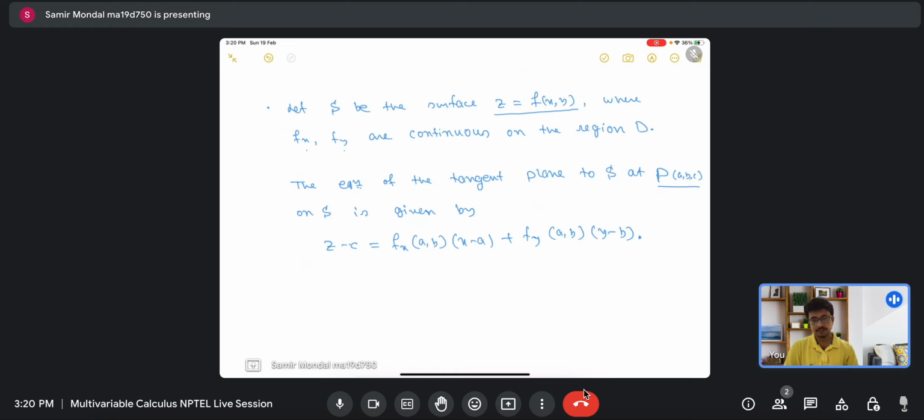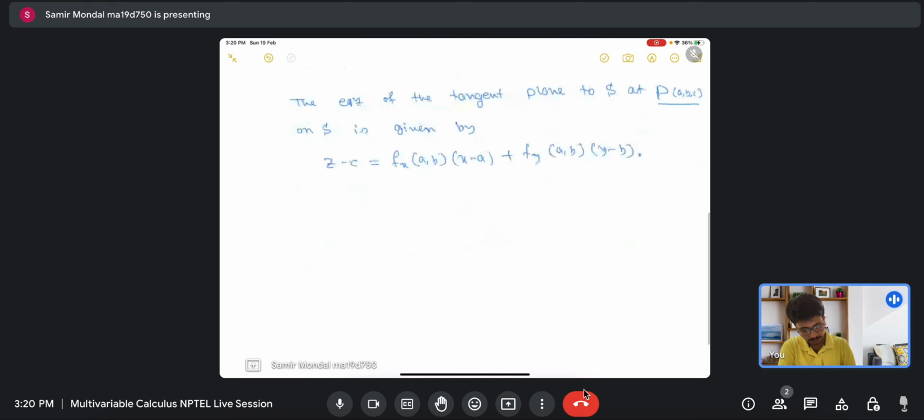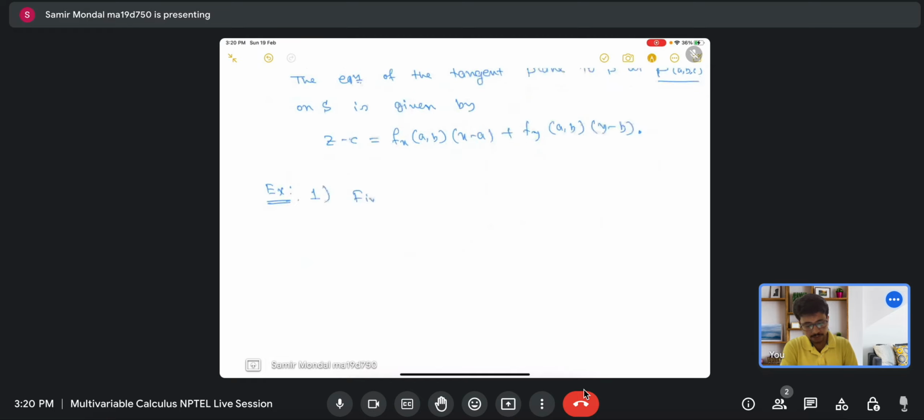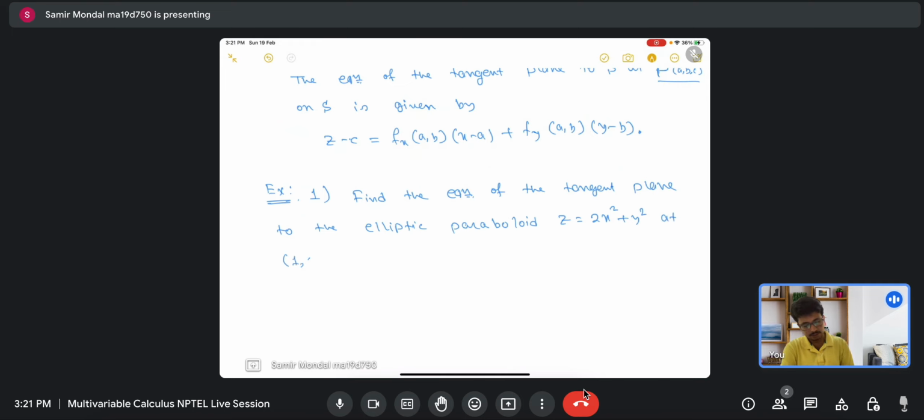Okay, so please solve one problem. The question is: find the equation of the tangent plane to the elliptic paraboloid z equal to 2x squared plus y squared at the point (1, 1, 3).